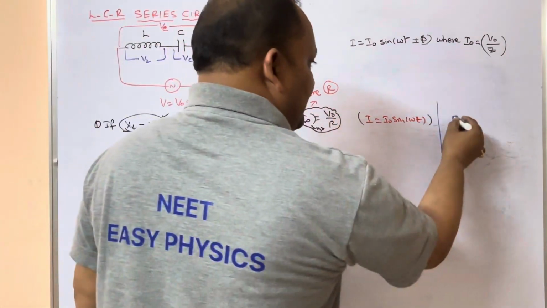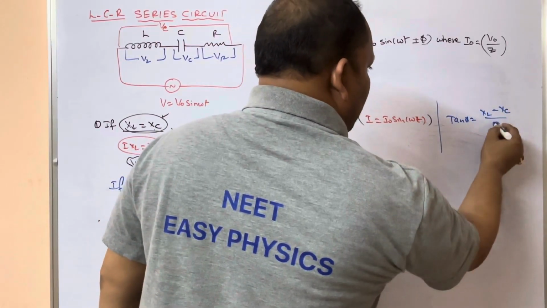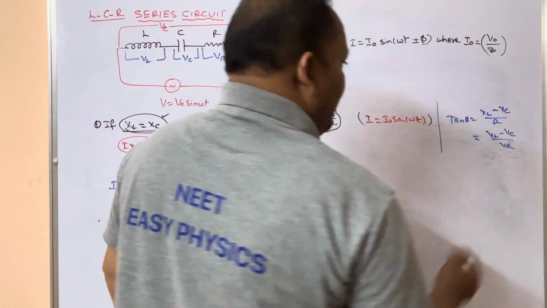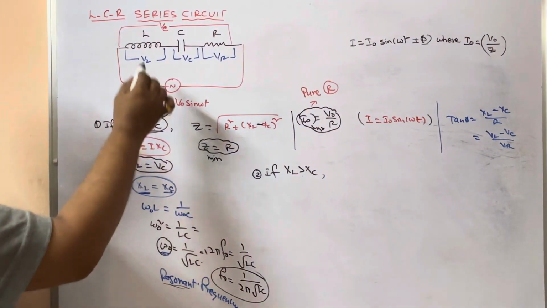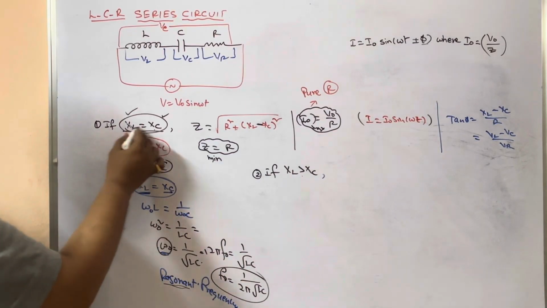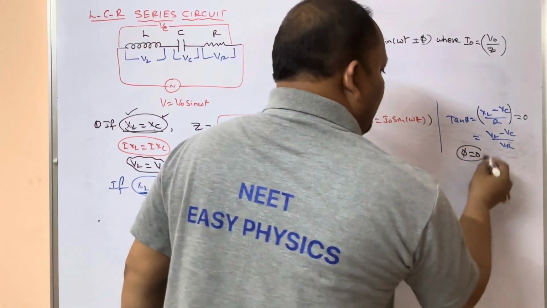What about phase? Tan phi equals what? XL minus XC by R, otherwise VL minus VC by VR. At resonance condition, XL equals XC, so this becomes 0 and phi is 0.